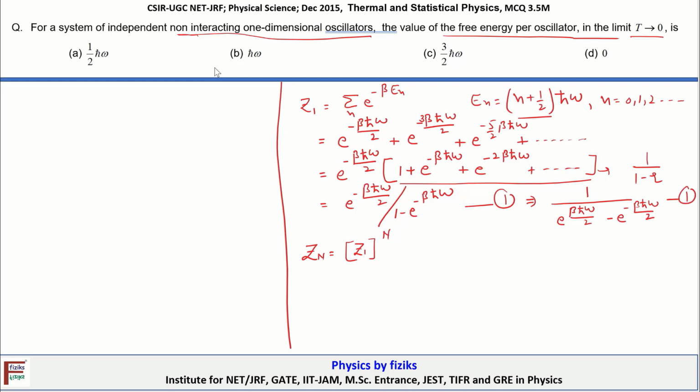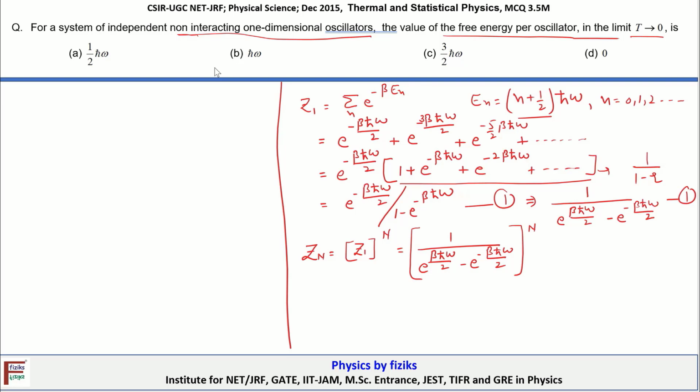We will call this equation 1. So Z1 power n will be 1 upon e power beta h cut omega by 2 minus exponential minus beta h cut omega by 2, and its power n.